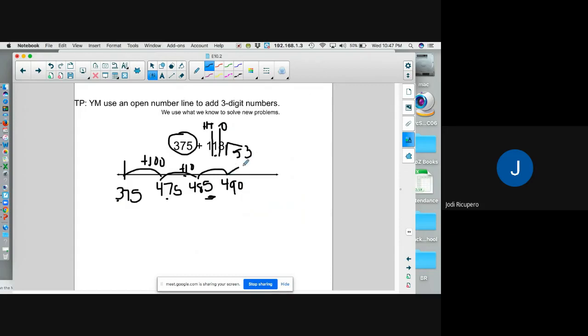Plus my 3 now. Equals 493. Once again, if I add this up, it should equal up to my second addend. 100, 110, 115, 118. 375 plus 118 equals 493.